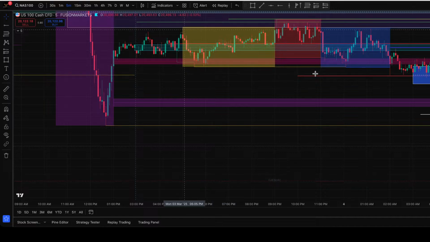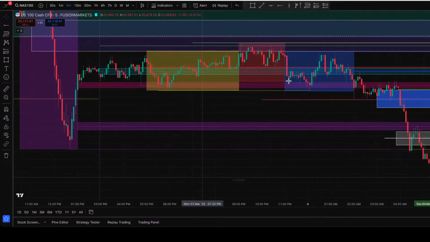And then let's take a look at London. So London, we use the red zone for our manipulation. So those red lines. London is the only one that uses red lines for its manipulation move. Both Asia and New York use green.